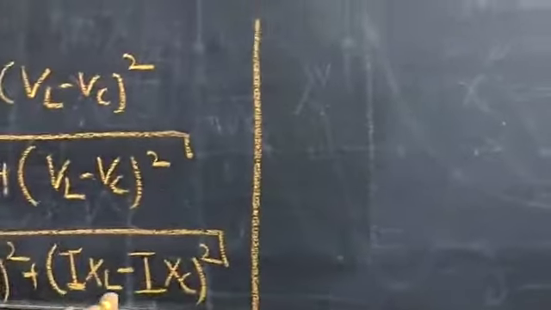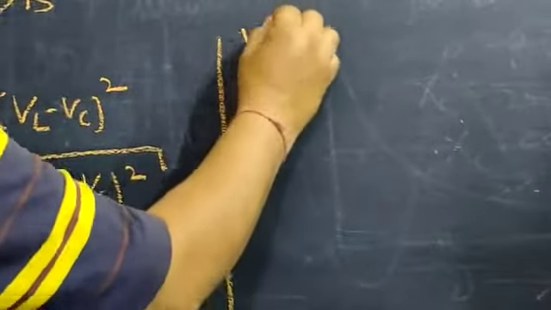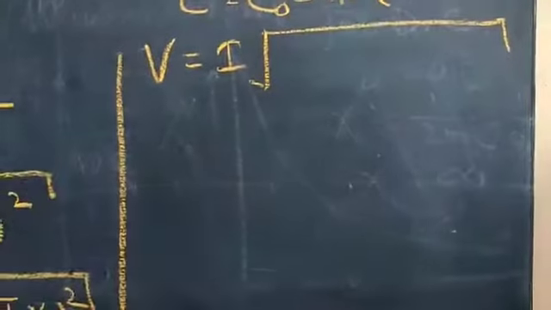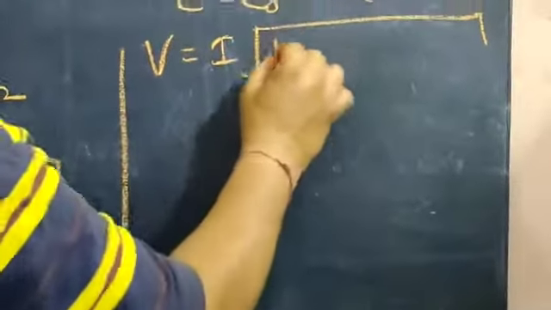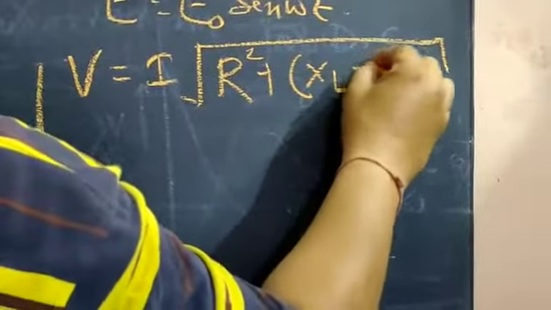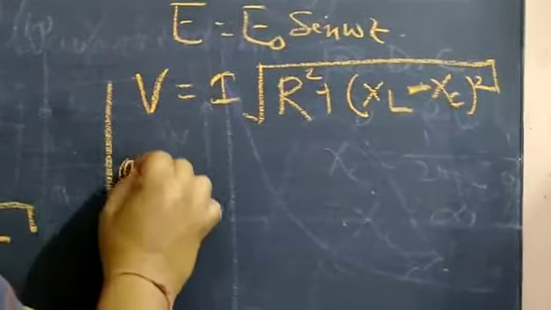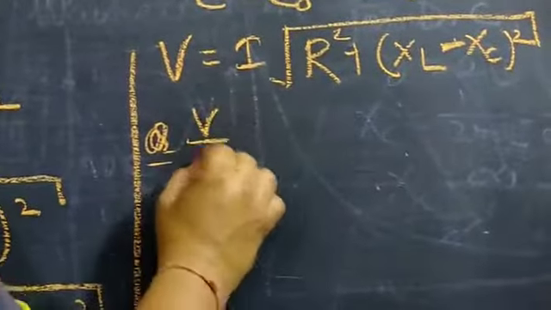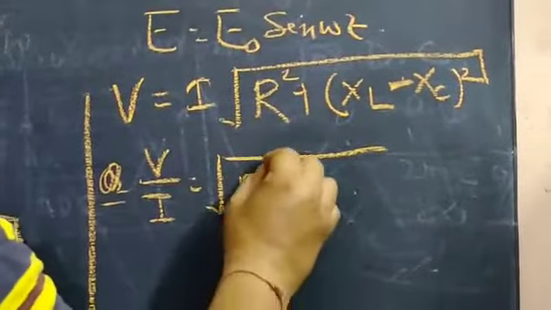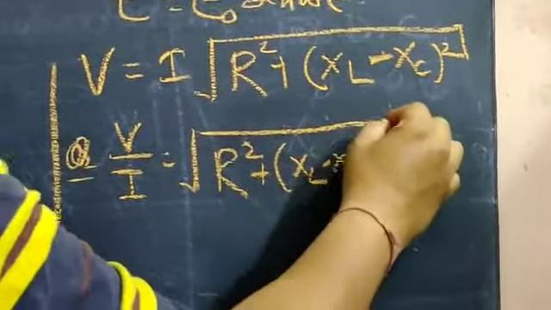Now I can be taken out, so V equals I times the square root of R squared plus (XL minus XC) whole squared, or V upon I equals under root R squared plus (XL minus XC) whole squared.